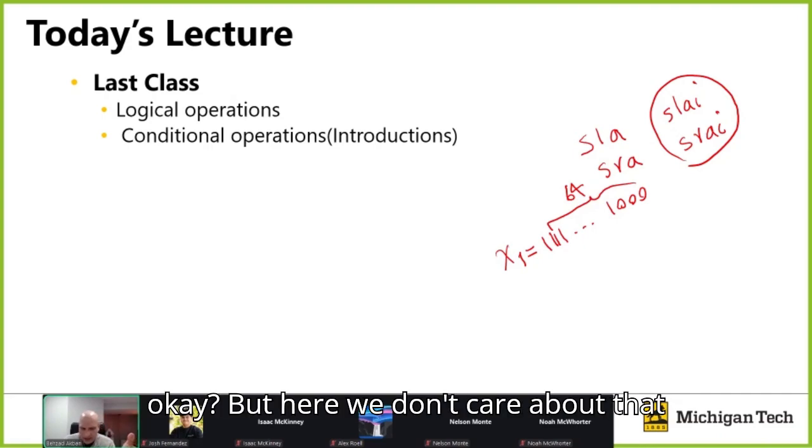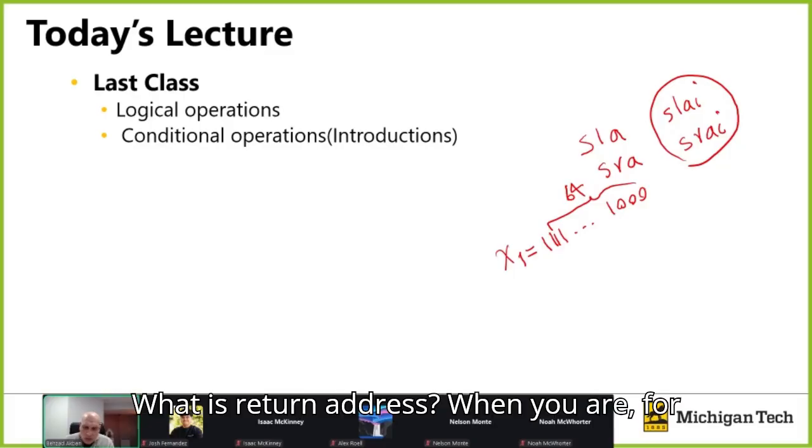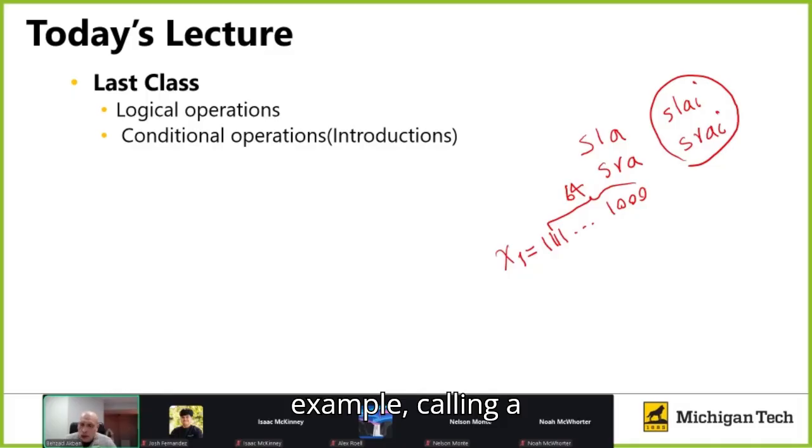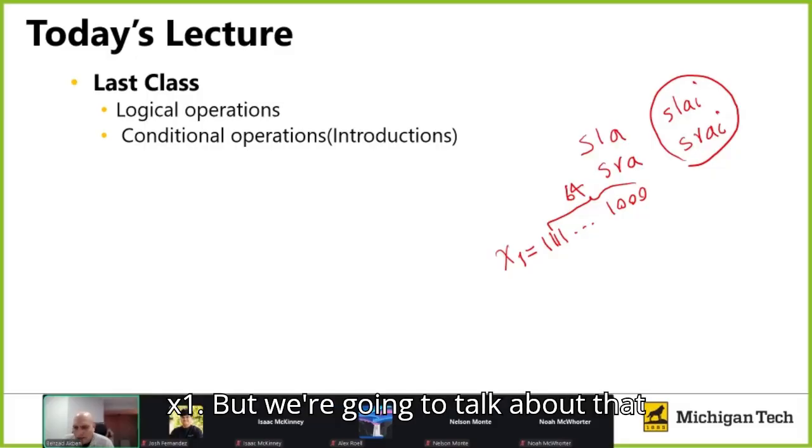But here we don't care about that part. In general, anytime we use X1, X1 is a return address. What is return address? When you are, for example, calling a procedure or function, you always save the return address in x1. But we're going to talk about that later.